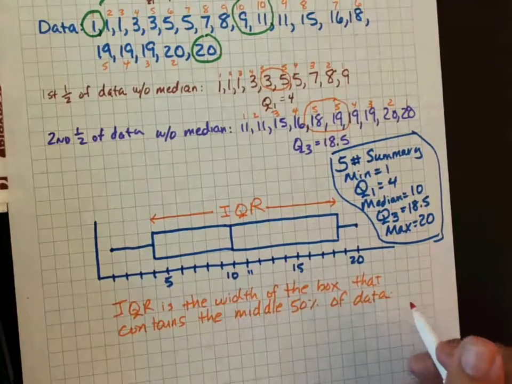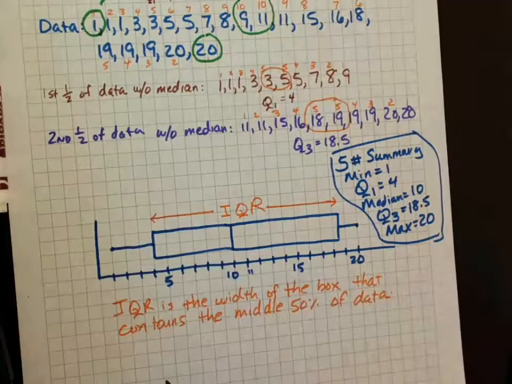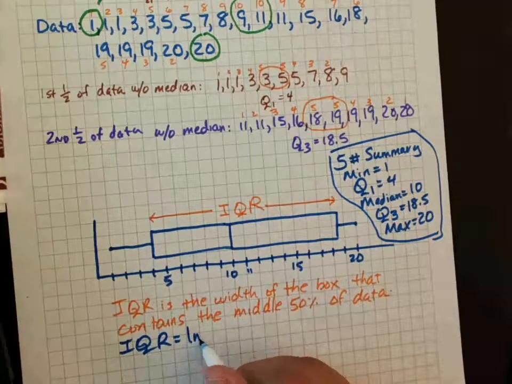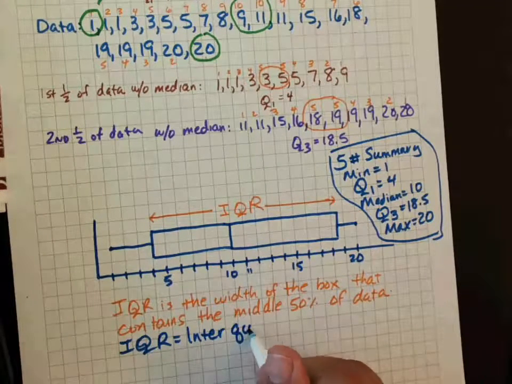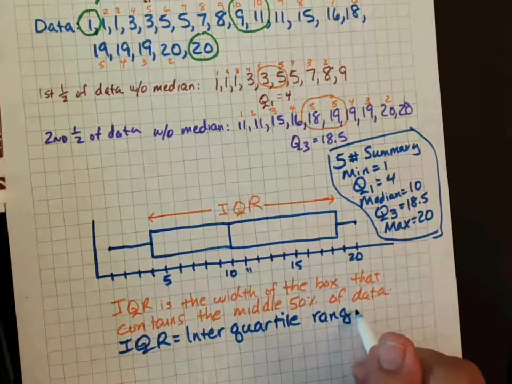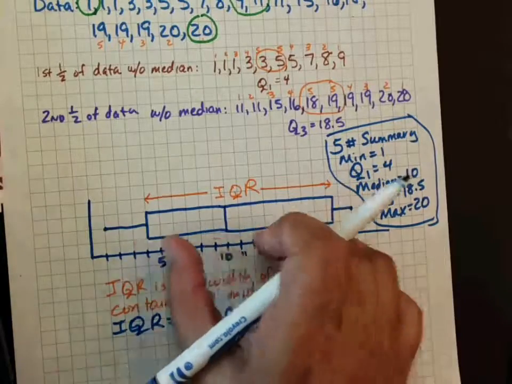All right. And it stands for interquartile range. IQR equals interquartile range. All right, which means it gives me the range of the middle quarters, this quarter to that quarter.